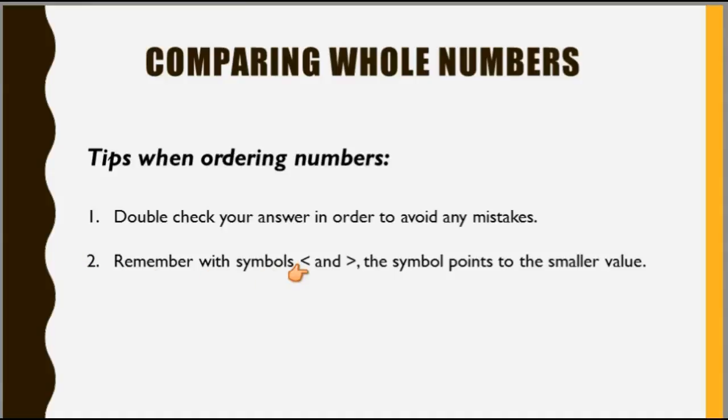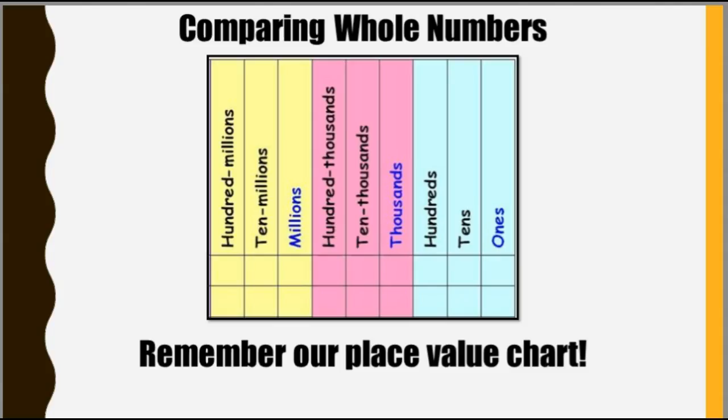So the very first thing is definitely know what these symbols mean, and that it's going to point to the smaller and it's going to open up to the bigger number. So if you know that you're on the right way. But the other way is just to double check, and let's take a look.